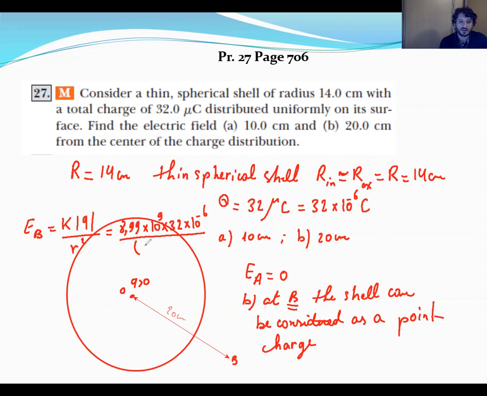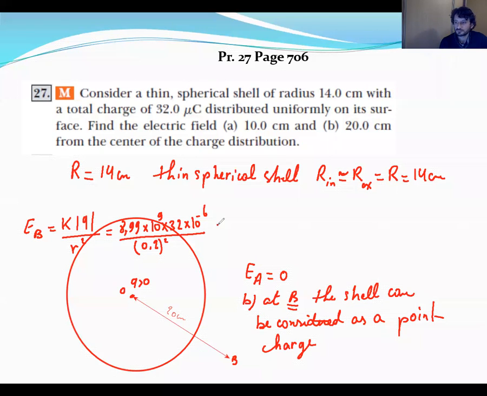Don't forget to put it in meter, 0.2 meter squared. The answer will be 7.19 times 10 power 6 Newton per Coulomb. Okay, this is the field at the point B.